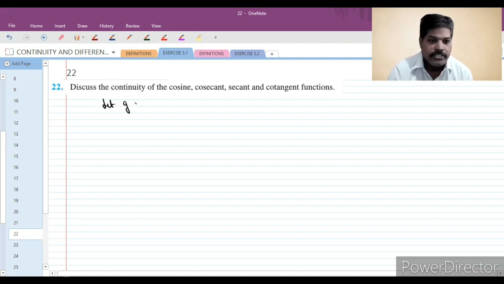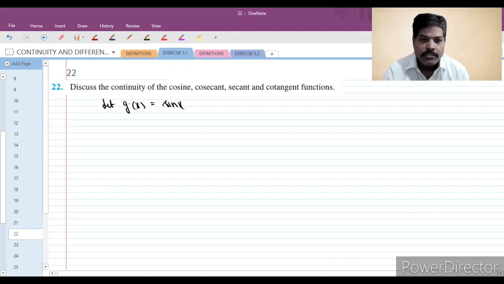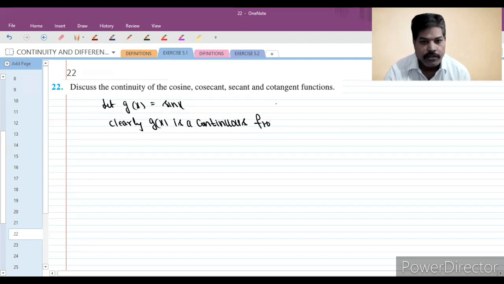Let g of x is equal to sin x. Clearly, g of x is a continuous function.